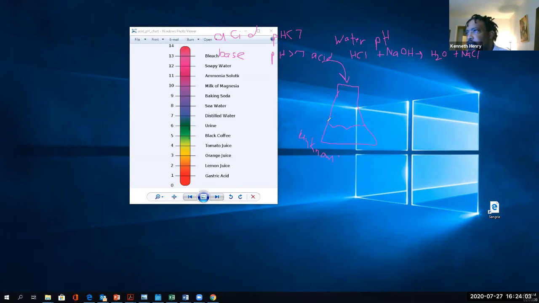Let's say we use this color, purple, purplish pink. Right now, that's the color associated with it before we start adding the acid. So if it's purplish pink, where's that going to be? Looking at our pH scale, what pH would it be? Purple and pink, or just let's say purple. What color does this match?